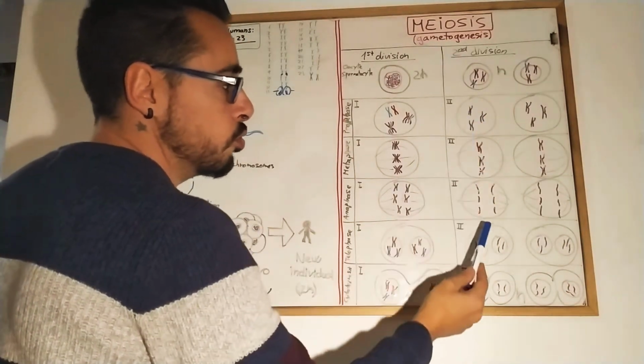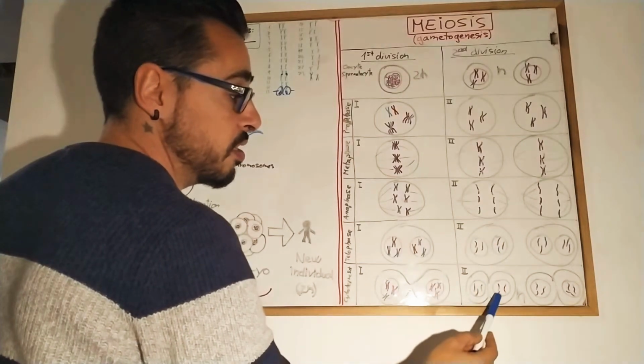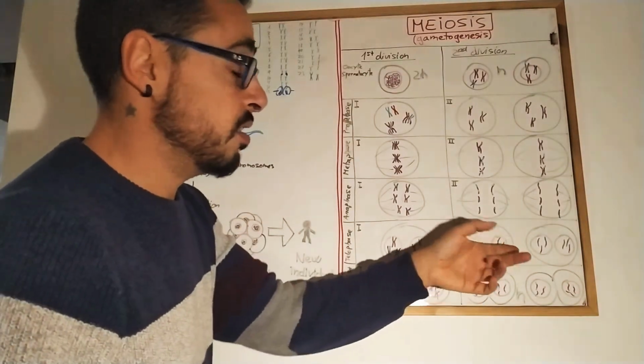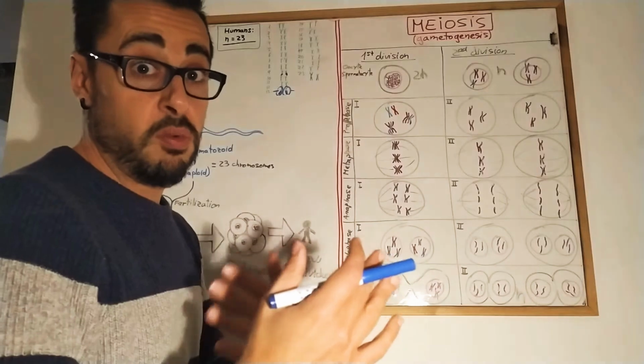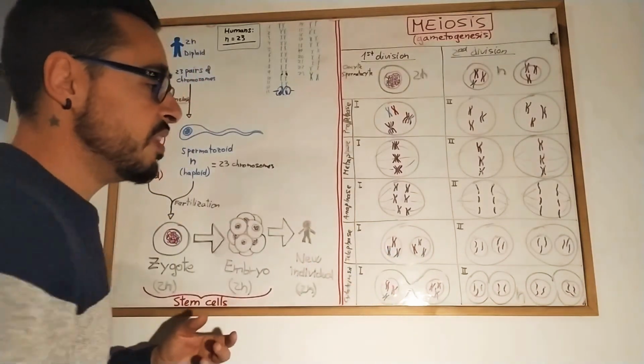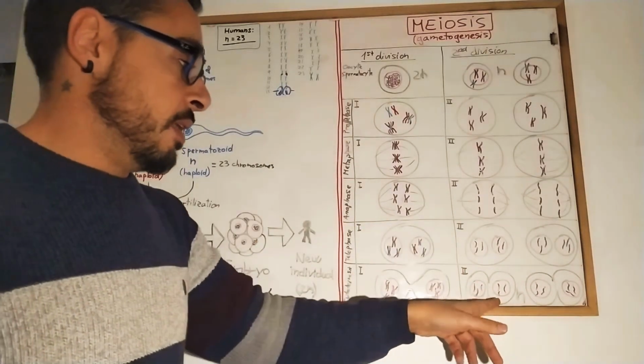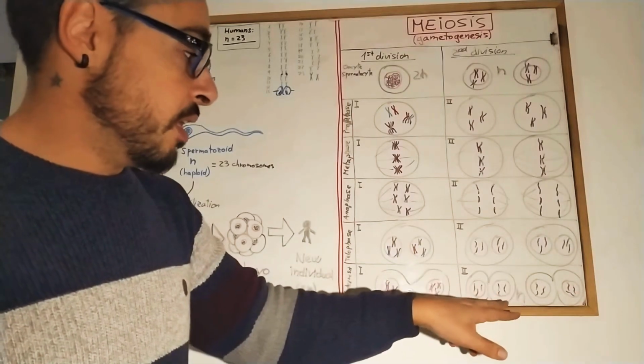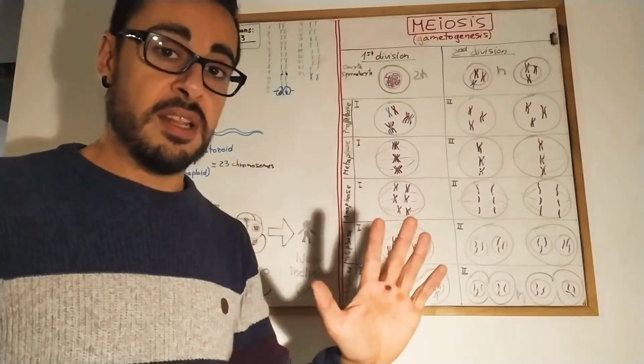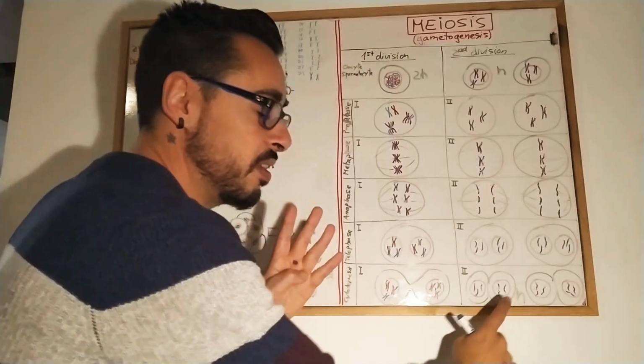From 3 chromosomes, we obtain 3 chromatids in each cell, but these chromatids are copies of one another. So, here we obtain 4 cells, 4 haploid cells.